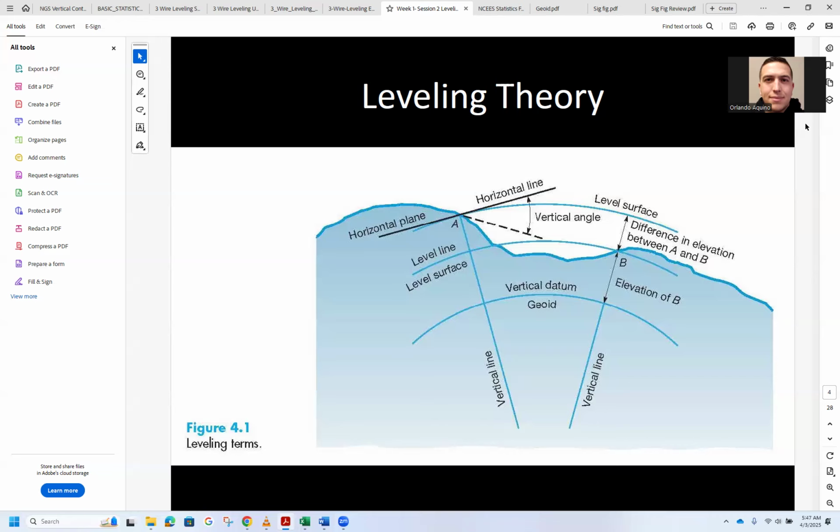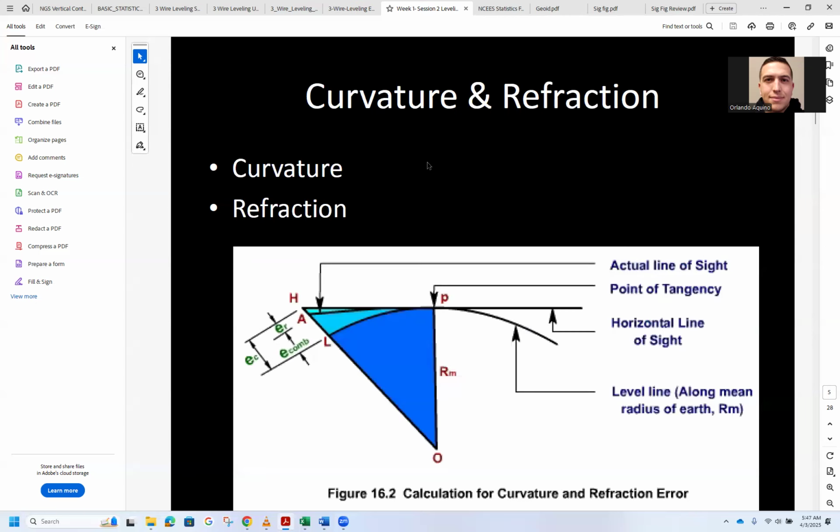So back to our quick session, or back to this right here. So again, just to show you what curvature and refraction is, if you're actually taking a huge type of measurements, you have to deal with curvature and refraction. So what you would have is your actual line of sight, extended here, this second line here, because of the curvature.